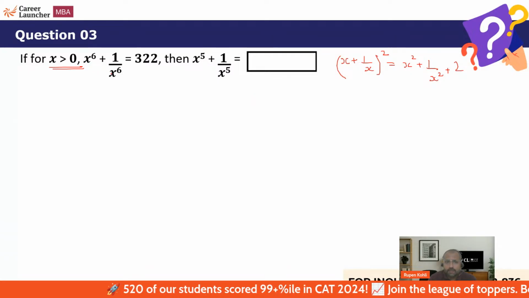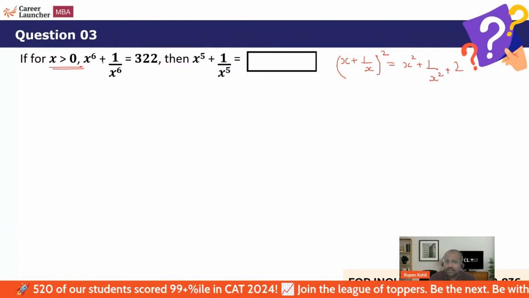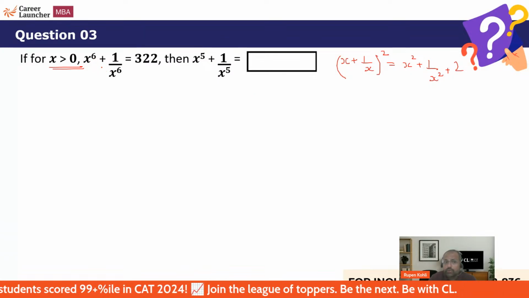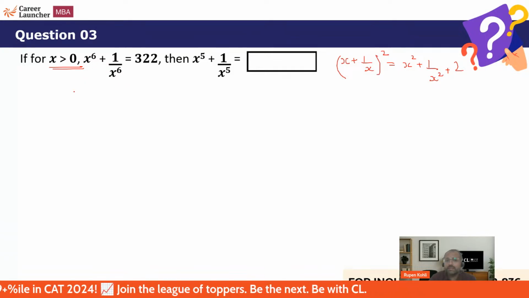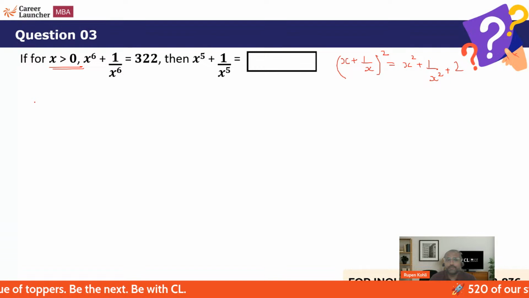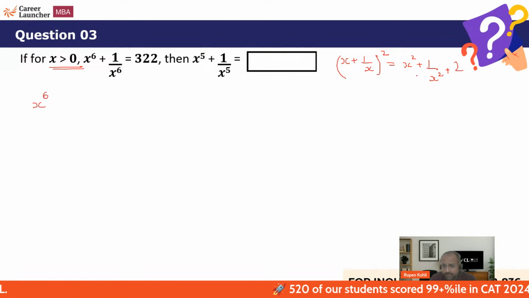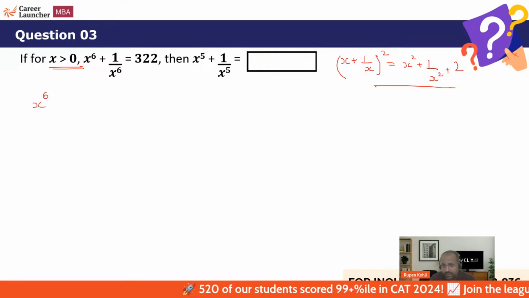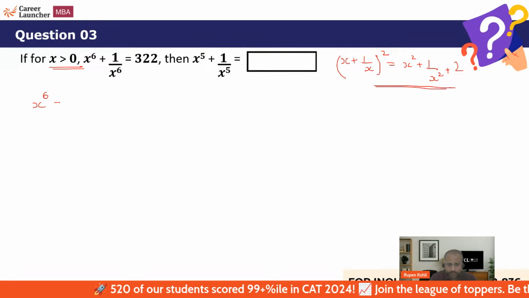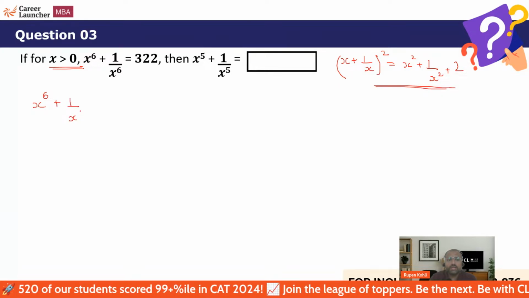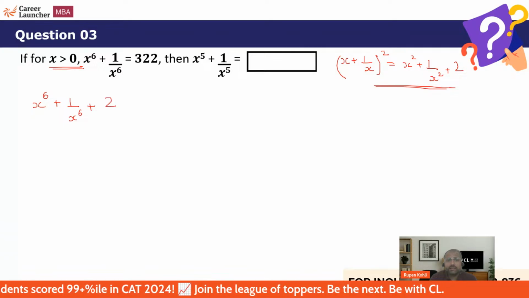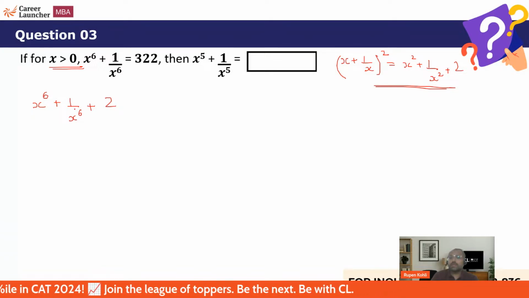So in that sense, I would want to write this given expression in the form of a perfect square. So let's do that. In order to do that, given this identity over here, just add a 2 on both the sides, and then the LHS becomes a perfect square expression, right?